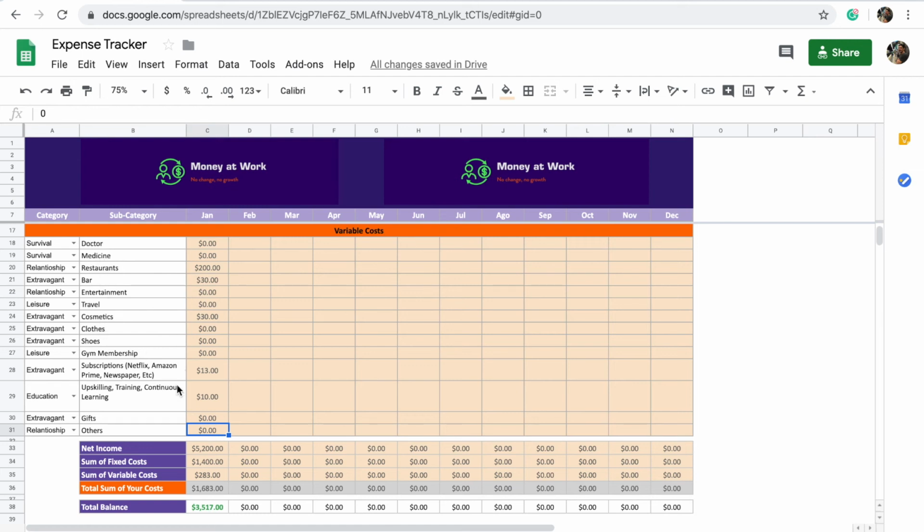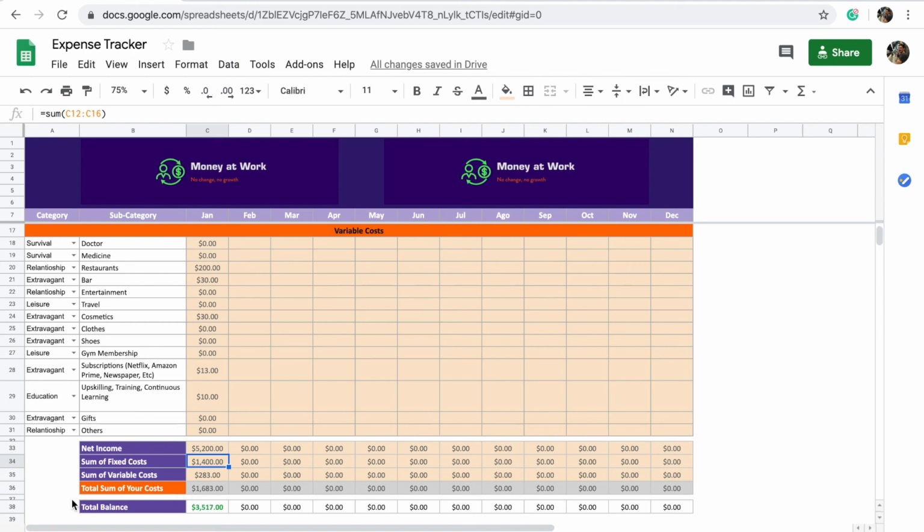So basically, my net income is 5,200 because I just have 6,000 and a half, then less my savings. So my net income is 5,200. All of my fixed costs are around 1,400, and in this month my variable cost was 283.